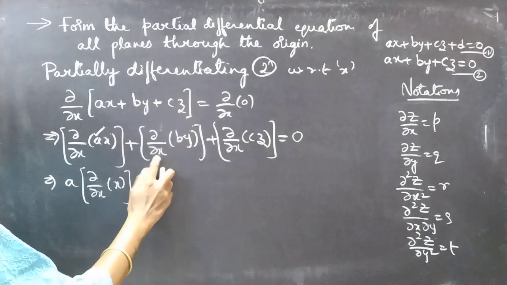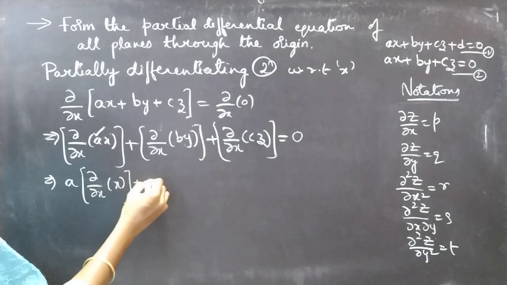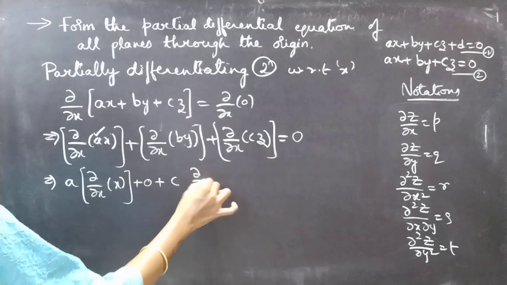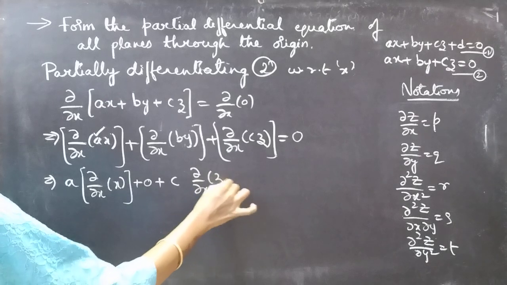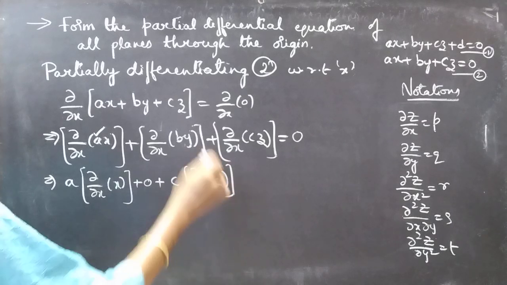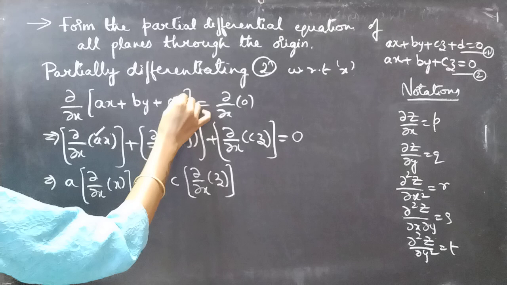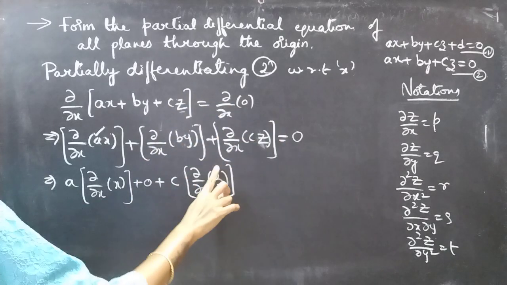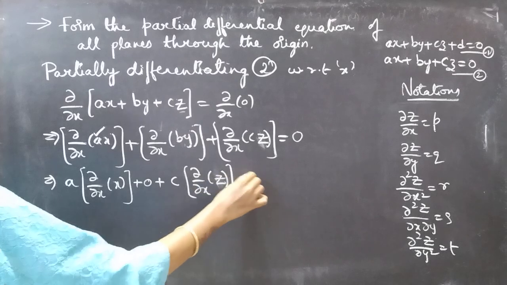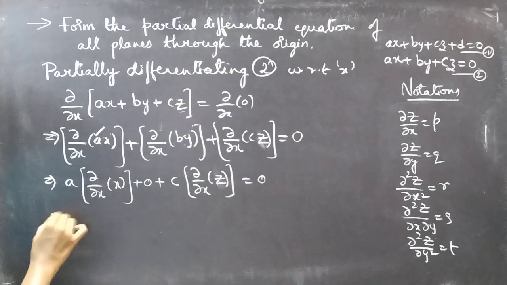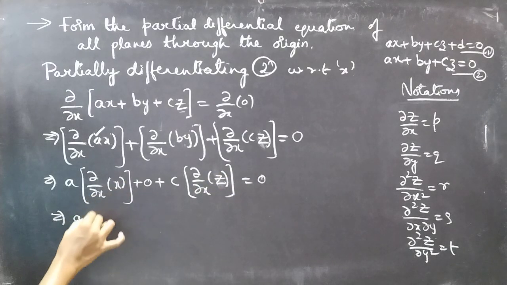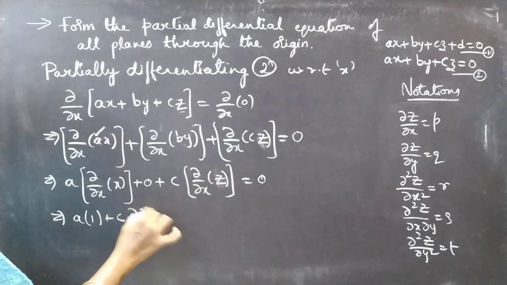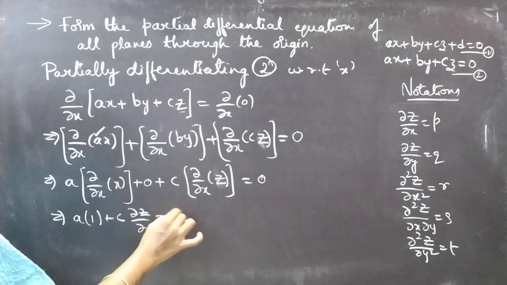Here both are constant, so the partial derivative of a constant with respect to x is 0, plus here c is constant, you can write it as c into dou by dou x of z, equal to 0. A into the partial derivative of x with respect to x is 1, plus c into dou z by dou x equal to 0.